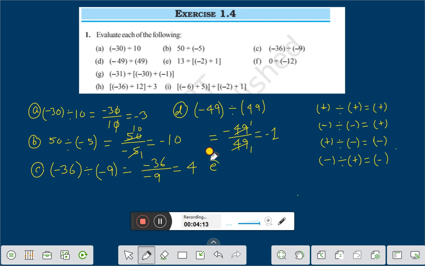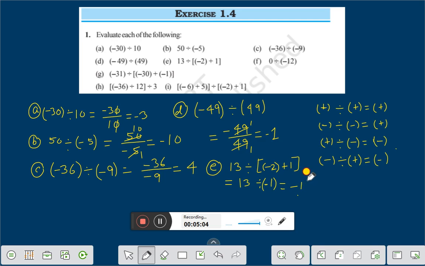Now question number E is 13 divided by, in bracket, minus 2 plus 1, that is equal to 13 divided by minus 2 plus 1, and that means you have to subtract 1 from 2, that is 1, and which one is greater? 2 is greater, so it will be minus 1. 13 divided by minus 1, plus divided by minus is minus.